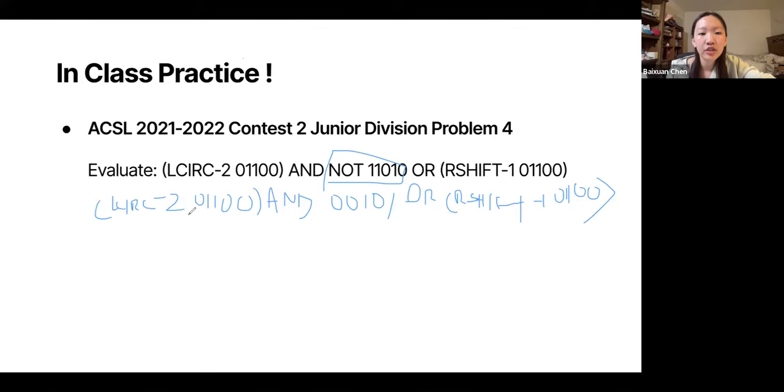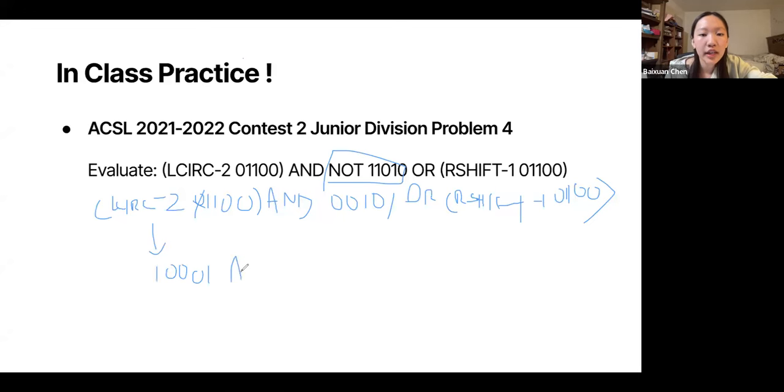So remember left circle, it's like in a circle. So we're gonna move 2 to the left, we take off the first 2, and then we add them to the end. So left circle 2 of 0, 1, 1, 0, 0 will be equal to 1, 0, 0, 0, 1, because we took off the first 2 digits and we added them to the end for left circle.